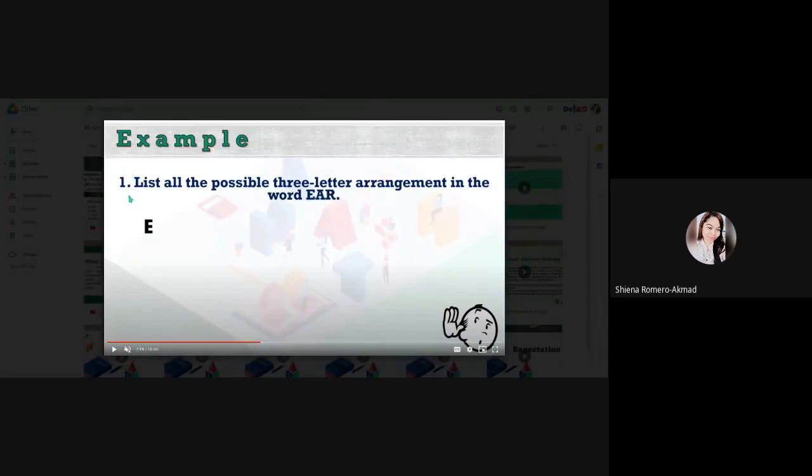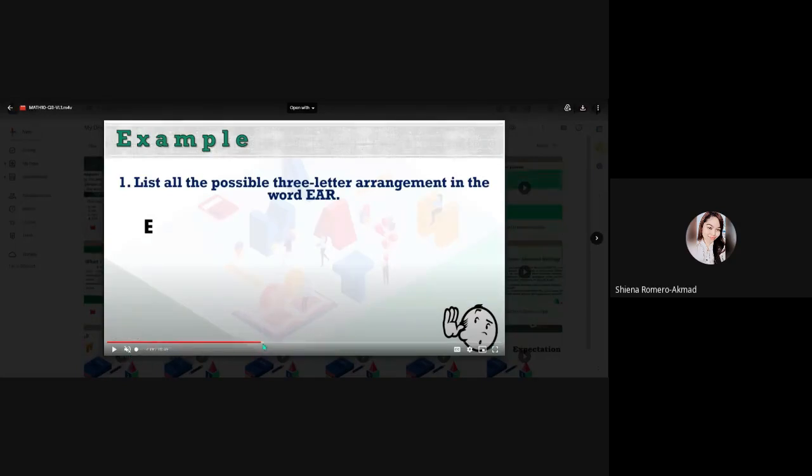For example number one, we have to list all the possible three-letter arrangements of the word ear. Whatever the arrangement is, our goal is to arrange the letters of the word ear. Since it has three letters, we can start with each letter.